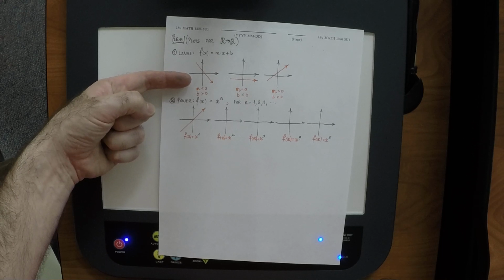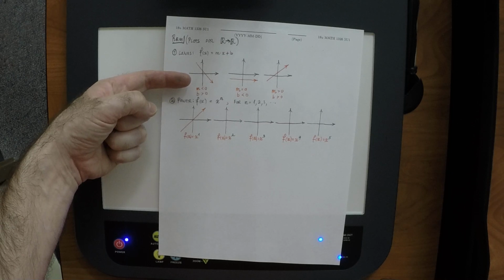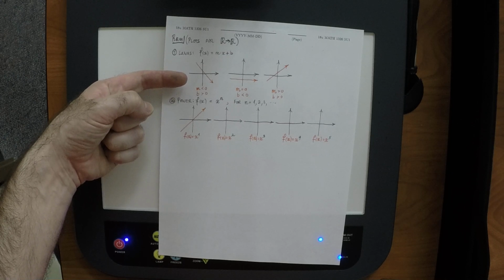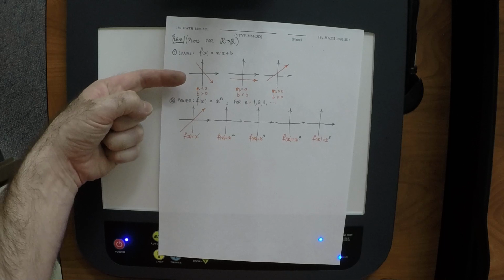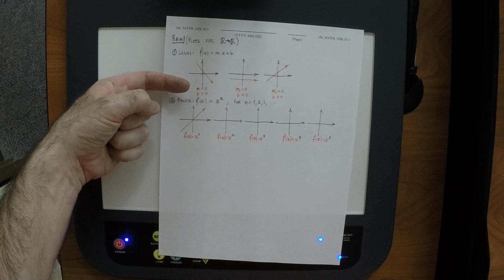Only lines that have slope are represented. So why am I not including vertical lines? It's not an omission, like I didn't forget. Well, I agree, but why not?